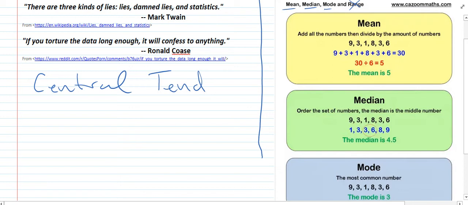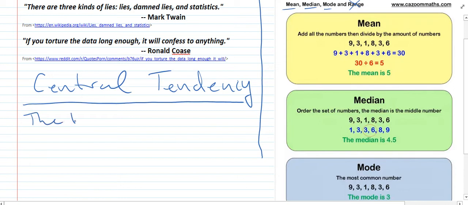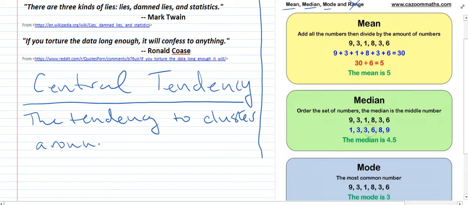So where do we end up? And so we have this idea of central tendency, and that is the tendency to cluster around a middle value.